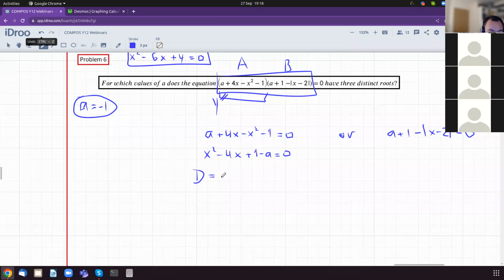So the discriminant is 16 minus 4 times 1 minus a, and that is equal to 16 minus 4, that's 12 minus 4a plus 4a, and we take 4 out, a plus 3.